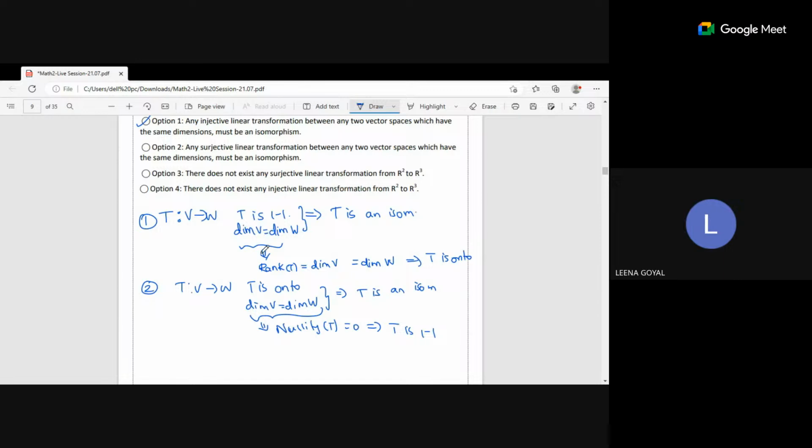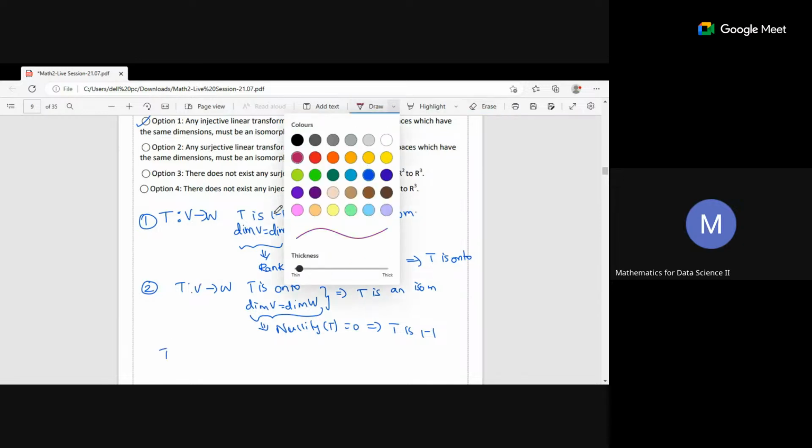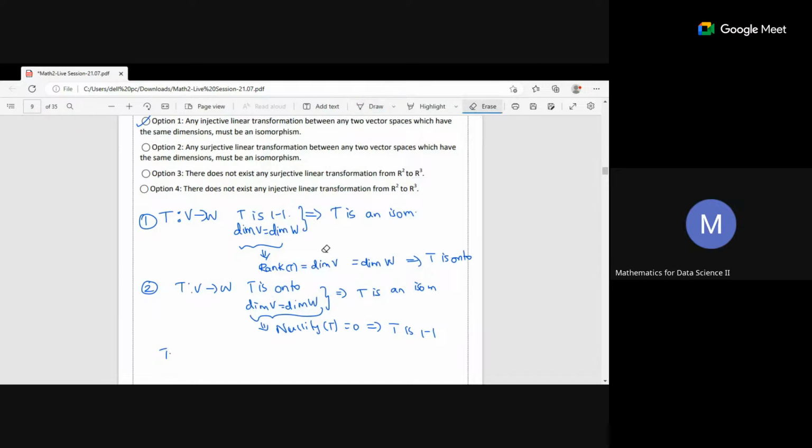I don't understand properly, to be honest. If determinant is 0, it cannot be isomorphic. Yes, but why? The connection is that if T is 1-to-1 and onto, only then T is invertible.